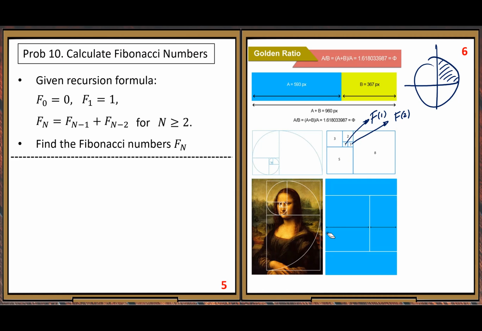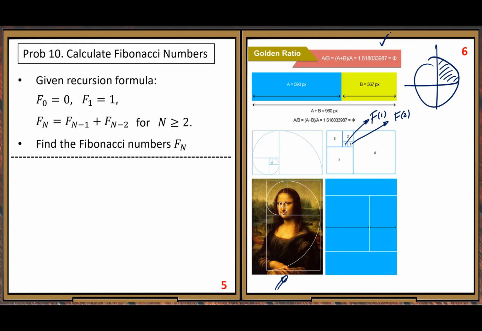You can find that kind of curve in the Mona Lisa painting. Pretty interesting property, and it is also related to the golden ratio number.